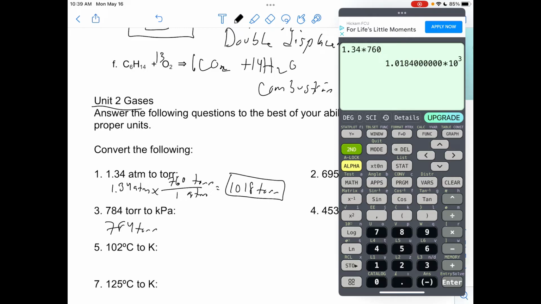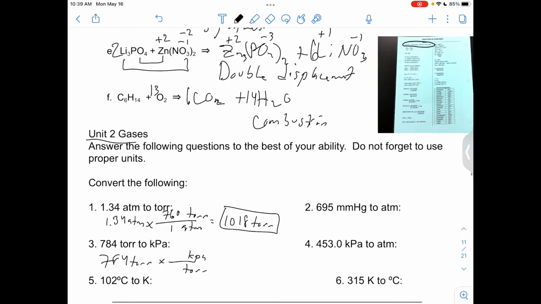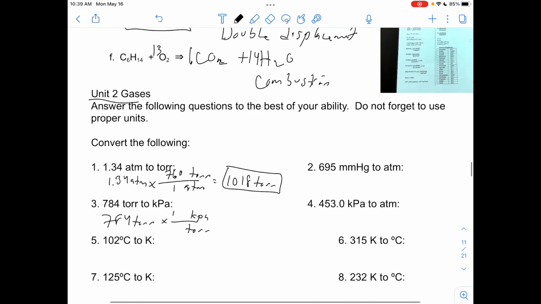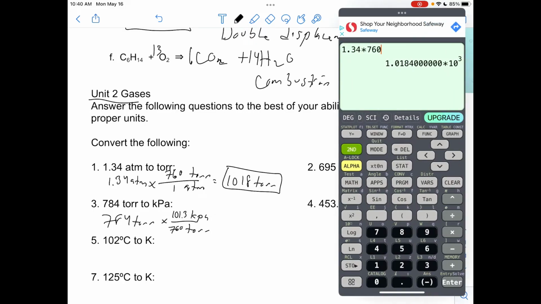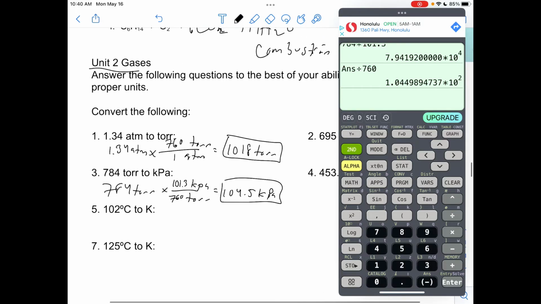Okay, torr to kPa. So 101.3 and 760. So I'm going to do 784 times 101.3 divided by 760. That would give us 104.5 kPa, kilopascals.